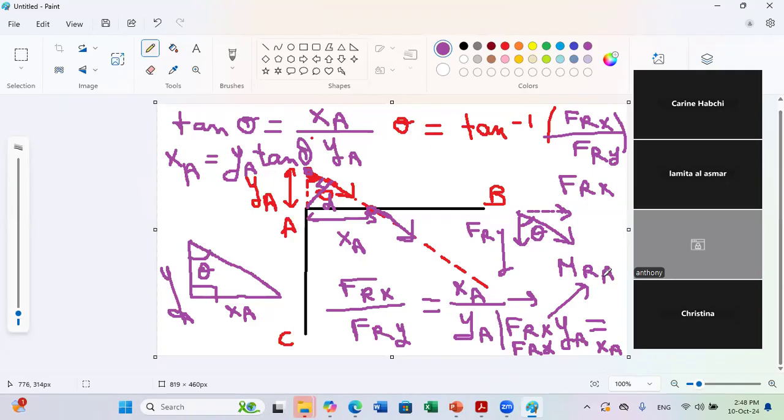All methods are based on this: when I want to have an equivalent system, I should have the same moment about the point. So if I displace on AC, only FRX will do a moment, and this moment MRA is equal to FRX times YA. And if I displace on AB, I have only the moment of FRY, so this is equal to FRY times XA.